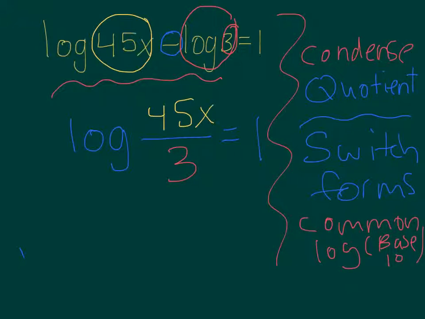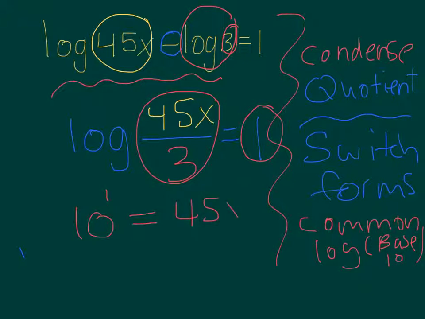So when I want to switch forms, I'm first going to write the base. So it's 10. And my exponent is 1 right here, because the log always equals the exponent, is equal to my value, which is all of this fraction, 45x over 3.